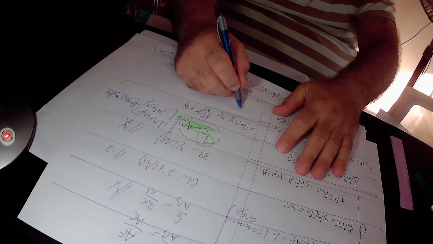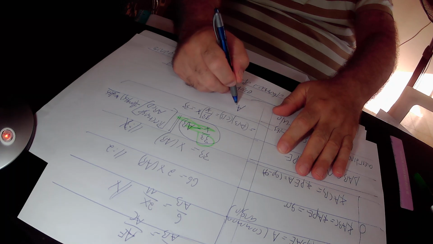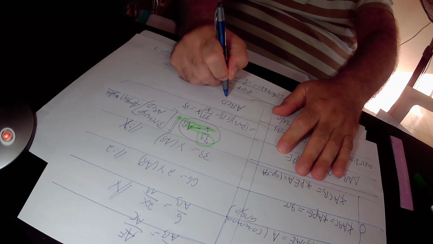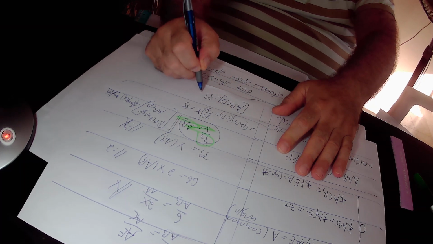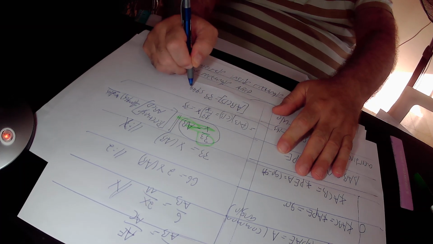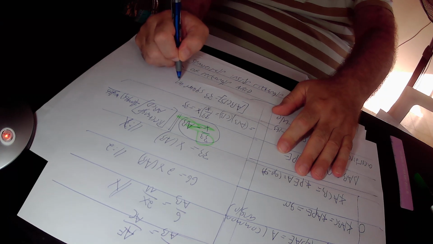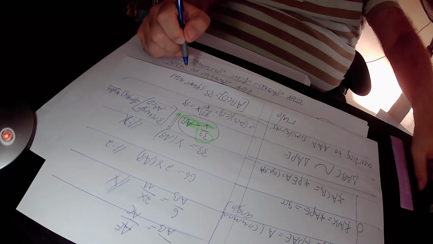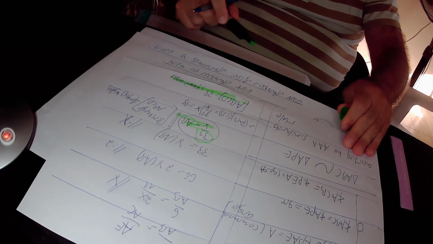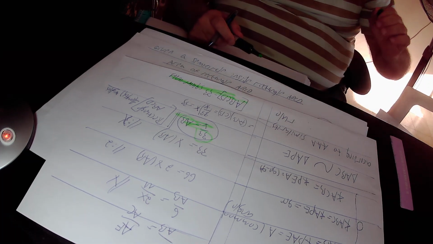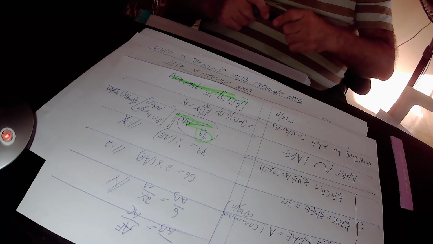The area of rectangle ABCD is equal to 33 square units. And that is the answer to the first question. So in the next step, I will present you the second question, and we will solve the second question of this lecture.